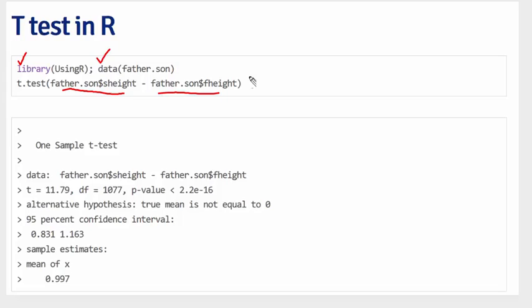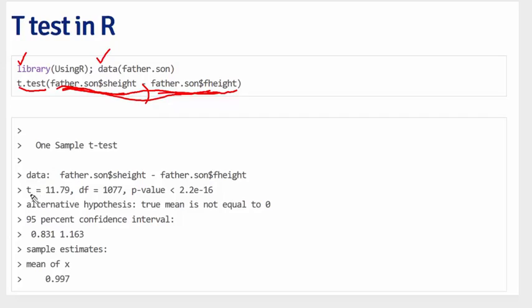So in this case, we're going to take the difference, and we want to test whether the difference in the heights is 0 or it's non-zero. You do that with t.test, and you can either pass the difference directly to the function t.test, or you could pass it the two vectors and then add the argument paired equals TRUE.